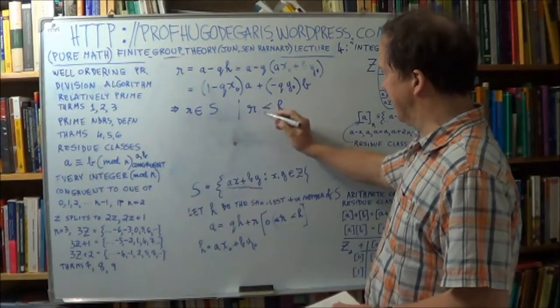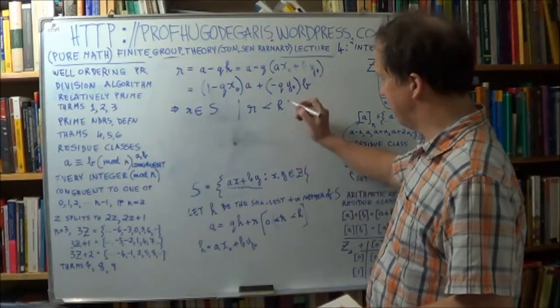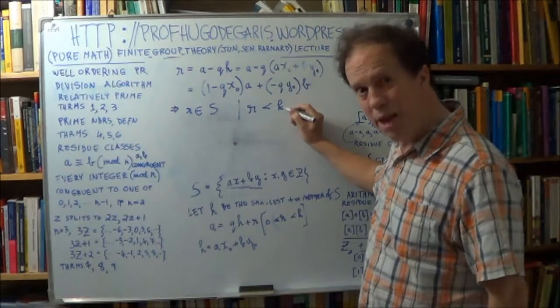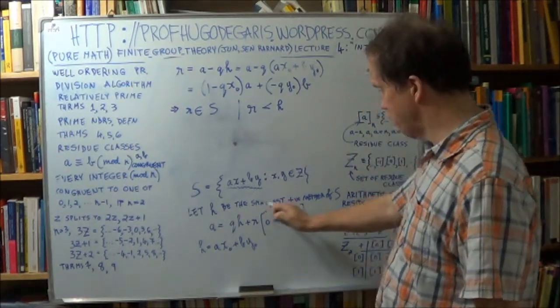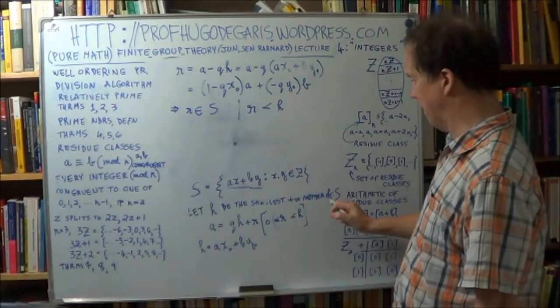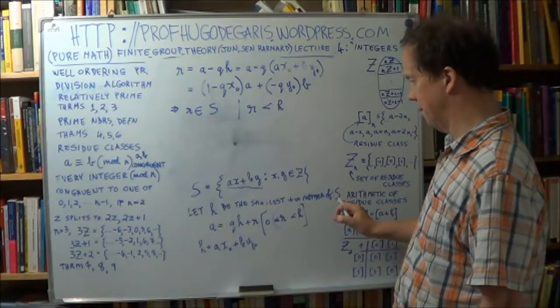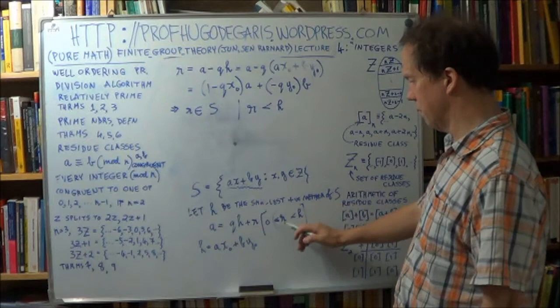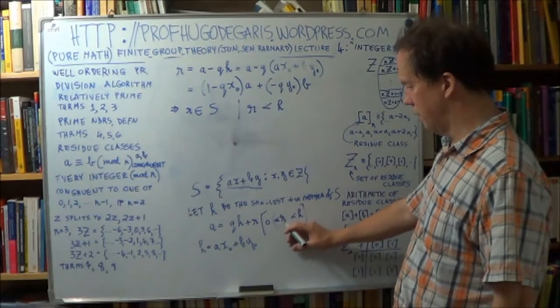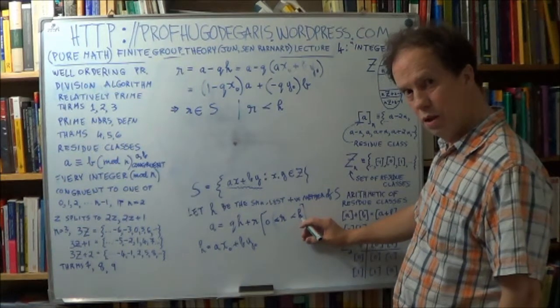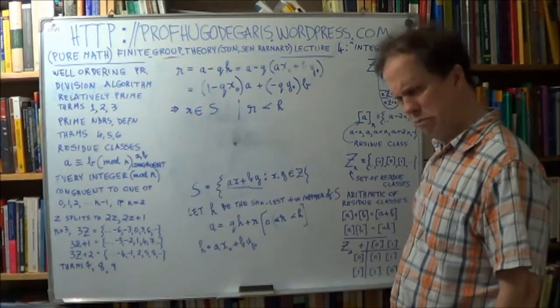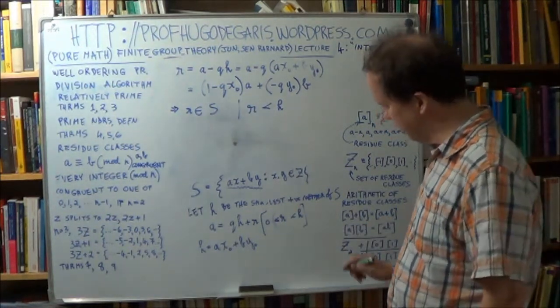But H, remember how we defined H? H is the smallest positive member of S. But look, we've got R smaller than H. Got a problem there, right?